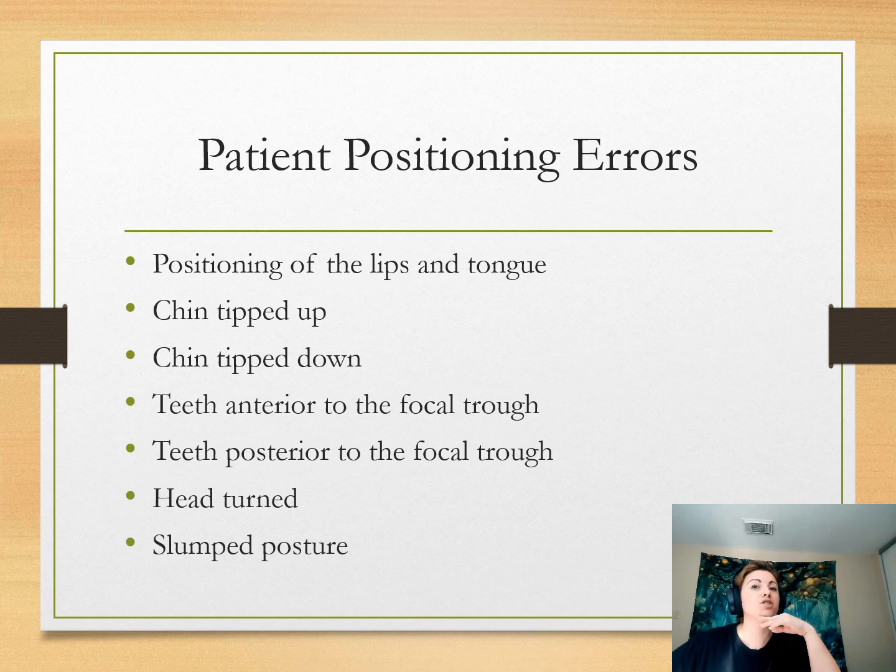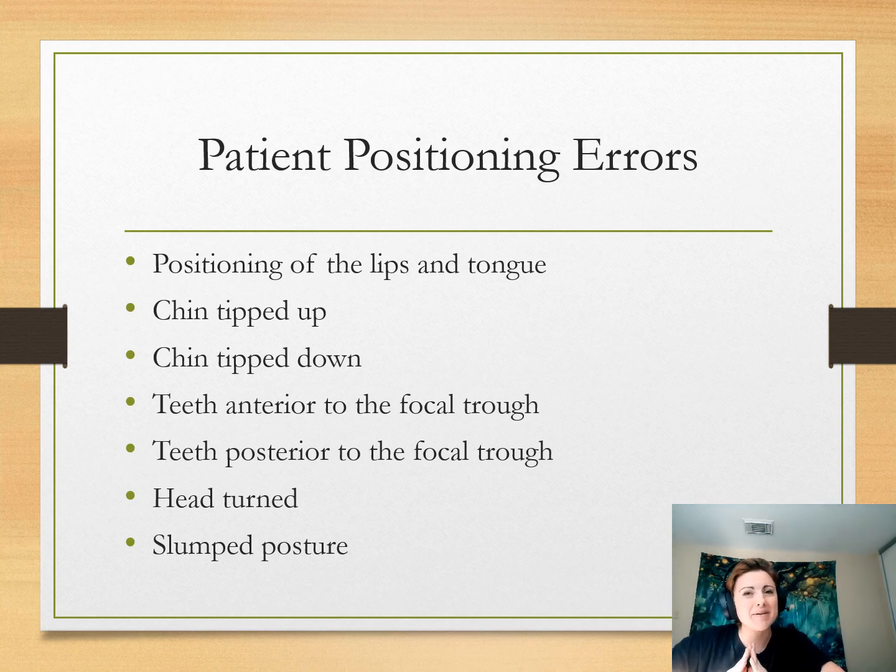Sometimes you'll tip their chin up, right? Sometimes they're in there weird and you just can't get them quite right. Sometimes their chin will be tilted up, sometimes their chin will be tipped too far down. And this is the part where that ala-tragus line, or the Frankfurt plane, really comes into play. Sometimes they'll be too far forward or too far back, because we want their anterior teeth perfectly biting into that notch on the bite block.